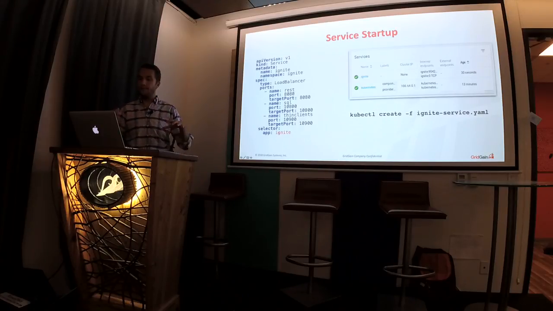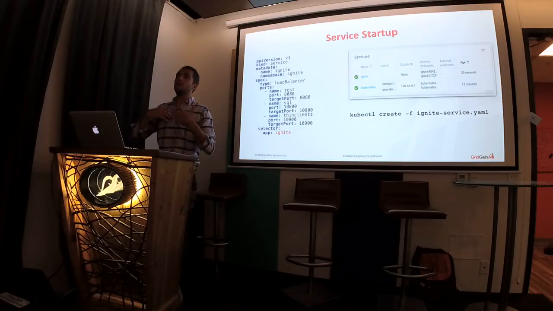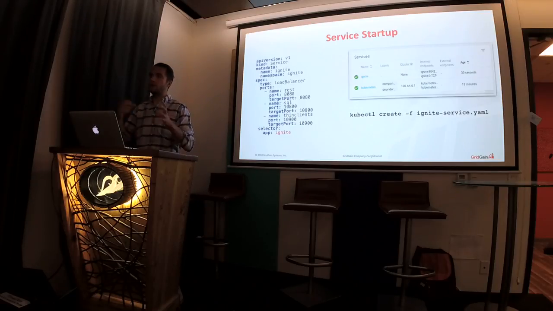And that's it. After that, this service will be collecting and keeping addresses of the other pods that are available there. Now the Ignite node will connect to this service, join the cluster, get all the IP addresses, and become a full member of our distributed database.